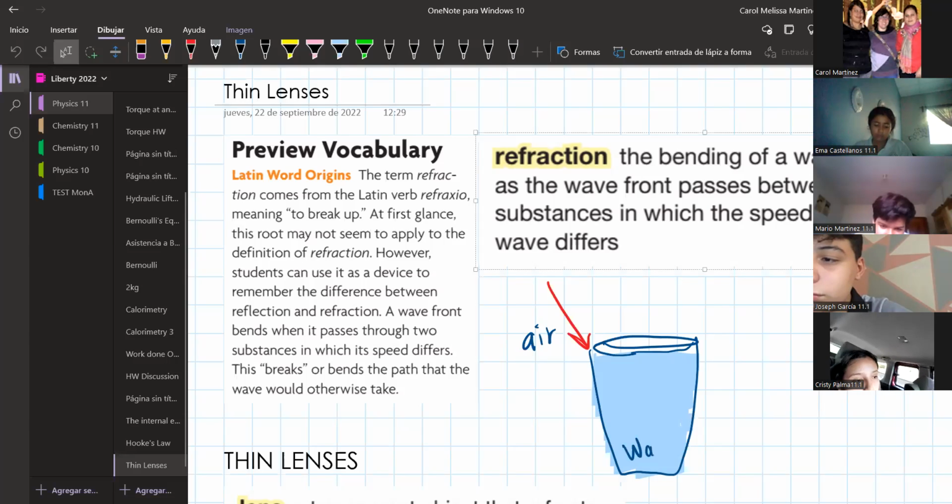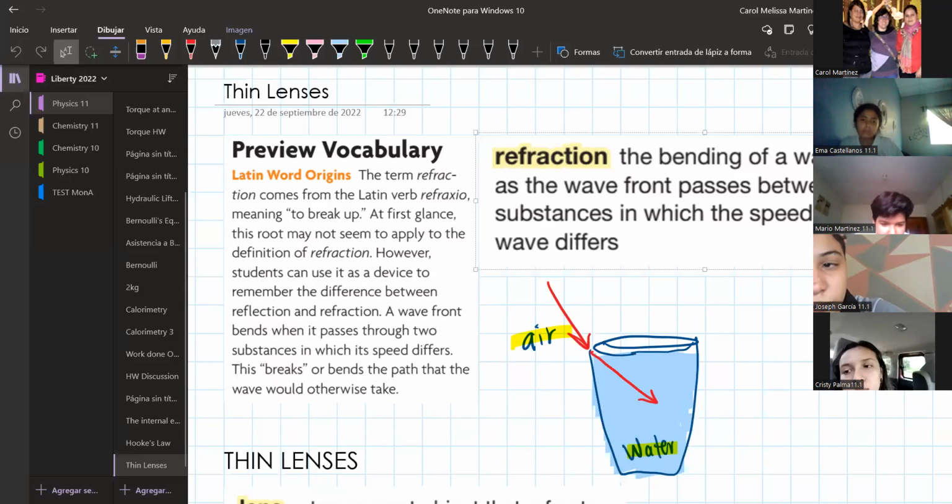Because we have two different mediums, air and water, this light ray is passing from one medium to another, which is going to cause a different speed of light. It's going to affect the speed at which light continues. So when this occurs, this light ray is going to bend. This is what we know as refraction.